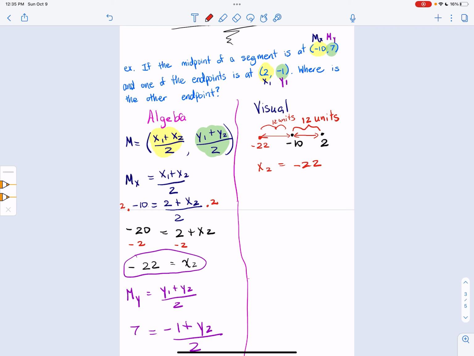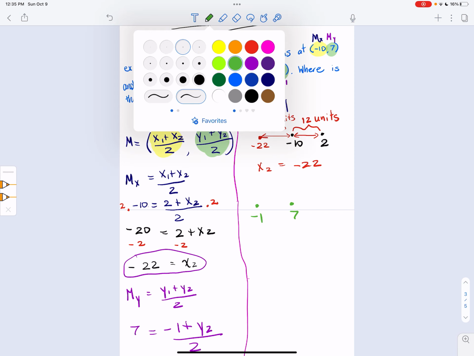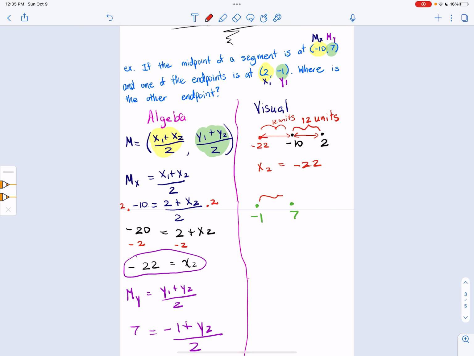Now we can do the same thing, visualizing a number line for the y's. The middle of the y's is at 7, and we know that from right here. Our y1 is at negative 1, so it's over here on the left. If you look at how many spaces there are between negative 1 and 7, there are 8 units.